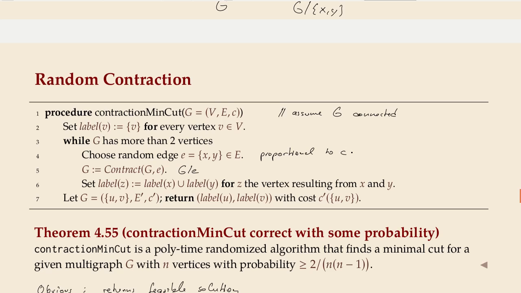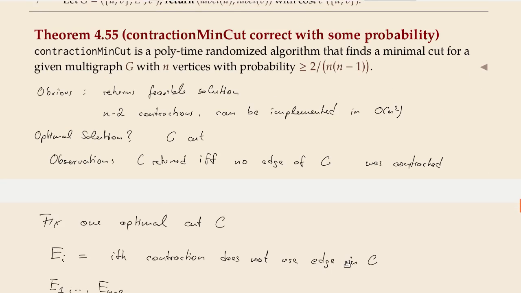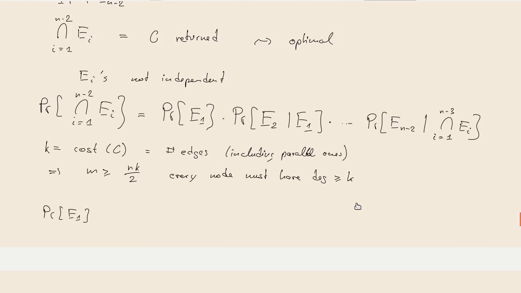Intuitively, it makes sense. To make this argument work, we actually have to include the parallel edges. We say here the k is the cost of the min cut, so that's including the parallel edges. And also here, this m has the meaning of number of edges including parallel edges.